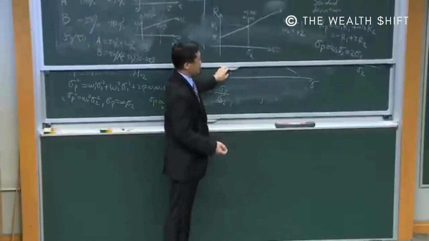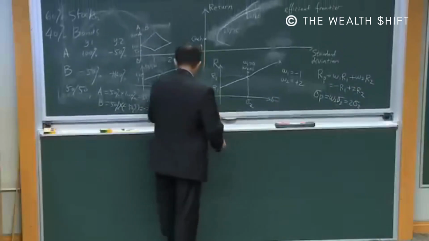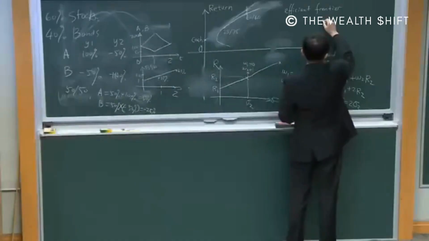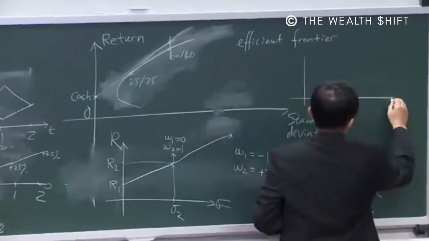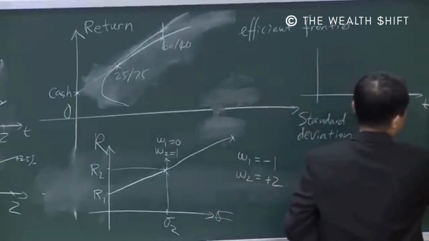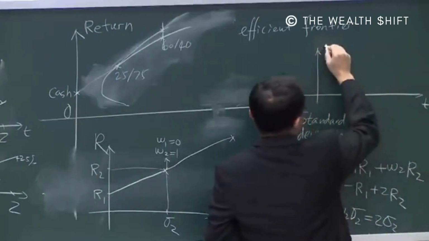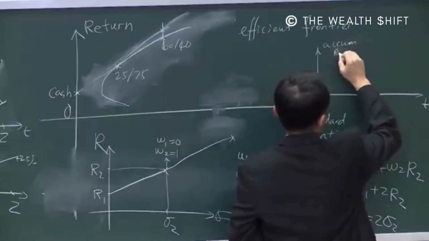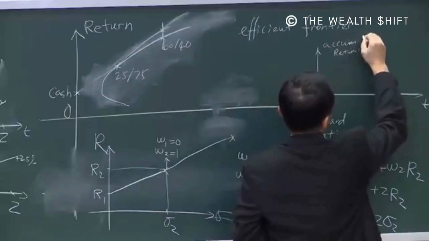Why? Let me give you another simple example before we leave. Let's say this is over time, and this is your accumulative return, or your dollar amount.